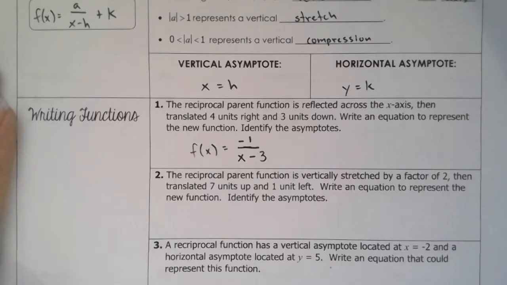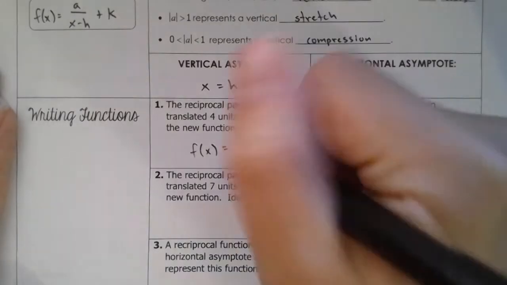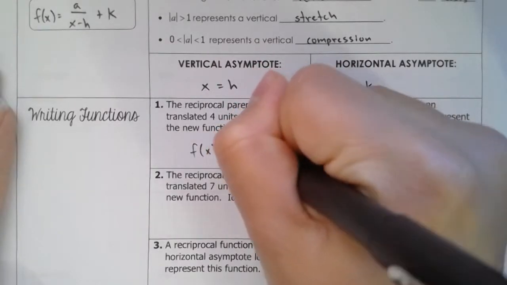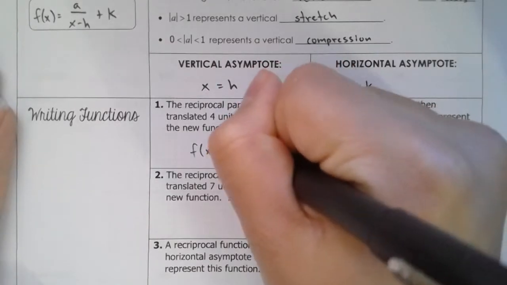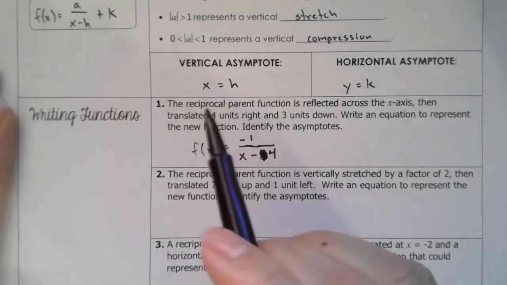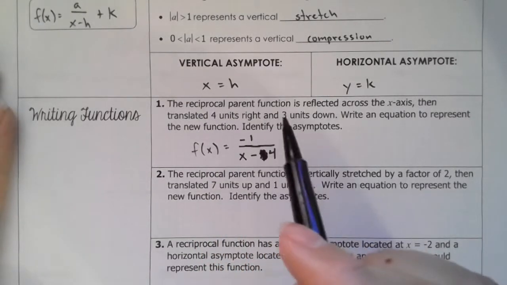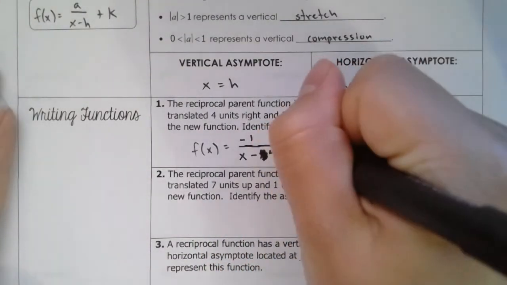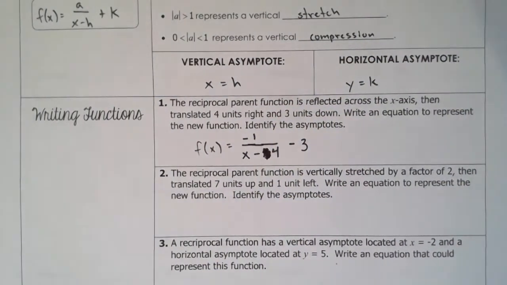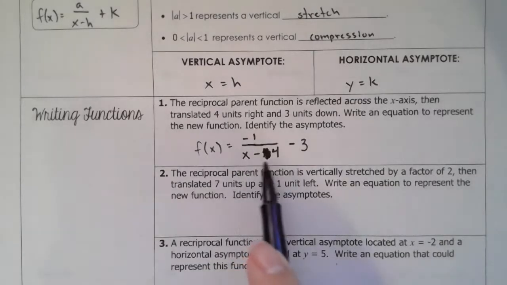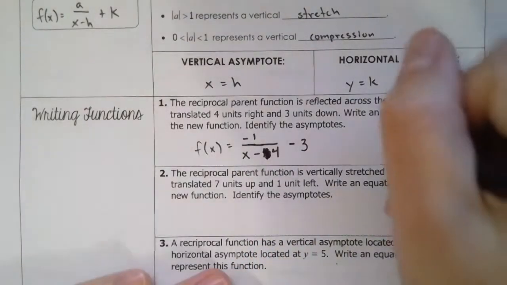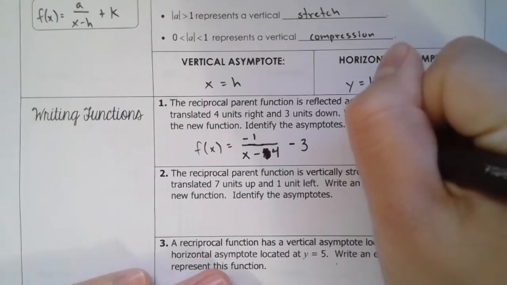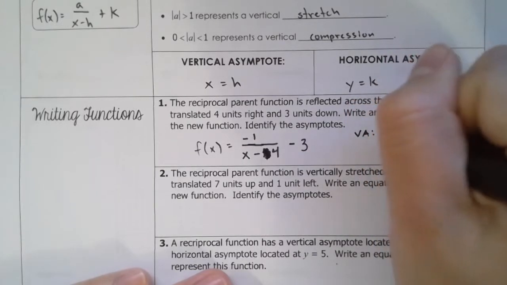Whoops, no, I read this wrong, right? It's 4 units to the right, sorry. Sorry for that mistake. It's 4 units to the right, 3 units down. So minus 3. And then it says identify the asymptotes. So what's my asymptote right here? It'll be 4. So vertical asymptote, x is equal to 4.